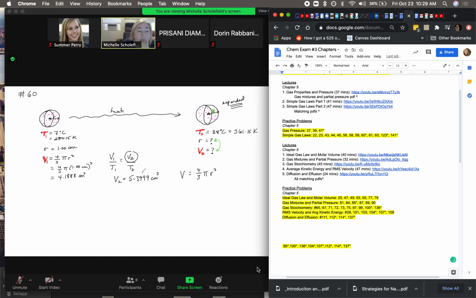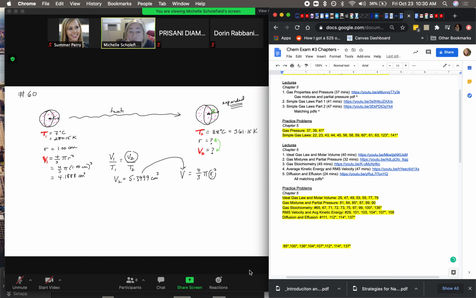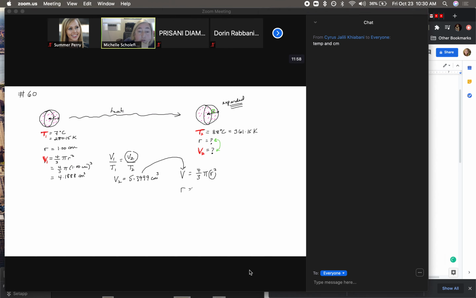Except this time the volume has changed. This is the volume now. So now we know the new volume. We can solve for the only variable, which is the new radius. If you plug and chug, it should be bigger than the original radius. The original radius was 1 centimeter.